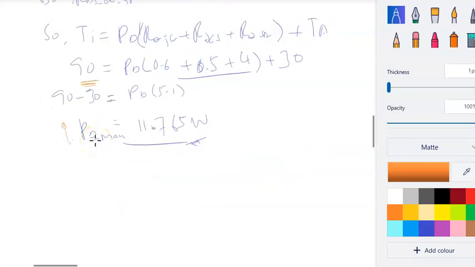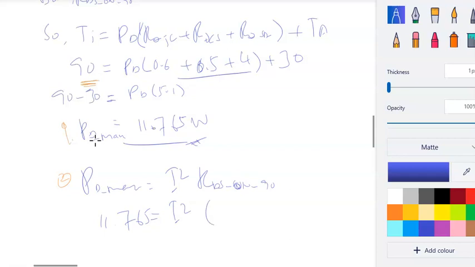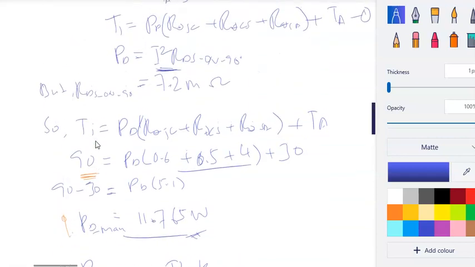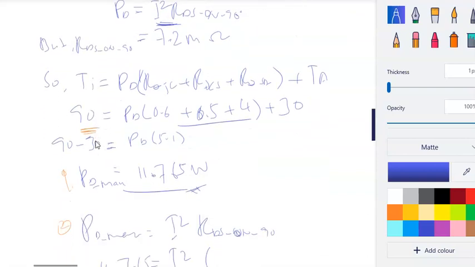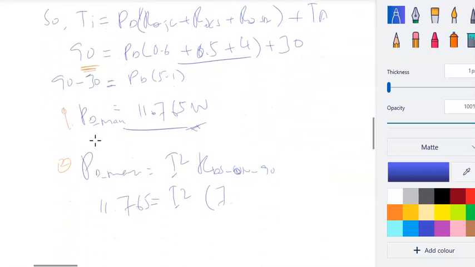Then with this PD max, you go back to number 2. PD max is equal to I square RDS on at 90 degrees C. So PD max 11.65 equals I square times RDS on, which you calculated just now, 7.2 milliohm.